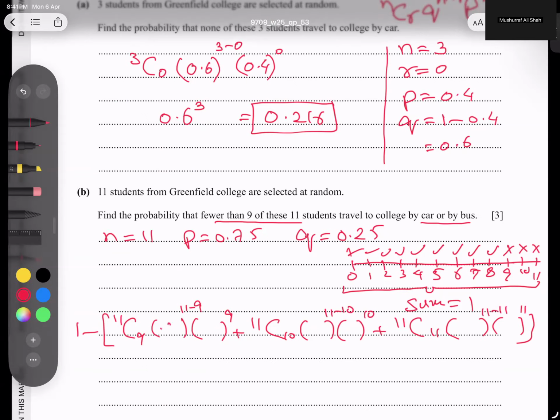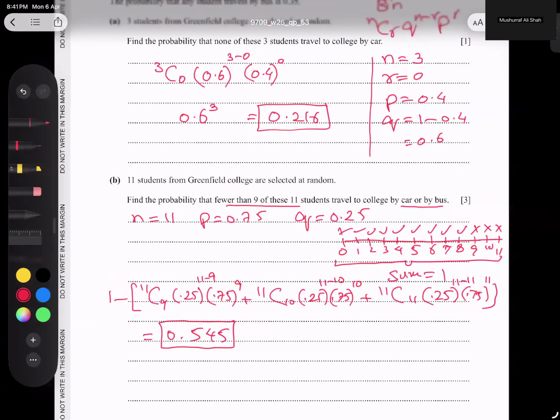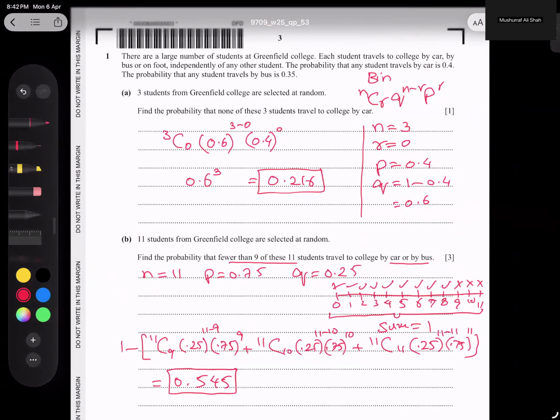The q value is 0.25, p is 0.75, 0.25, 0.75, 0.25, and 0.75. When we check these values in the calculator, finally we get 0.545. So I hope the concept of question number 1 is completely clear.